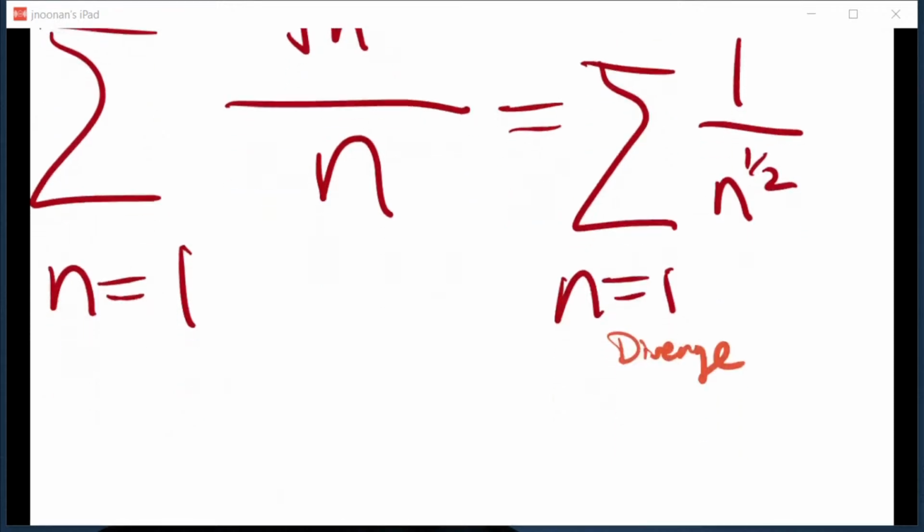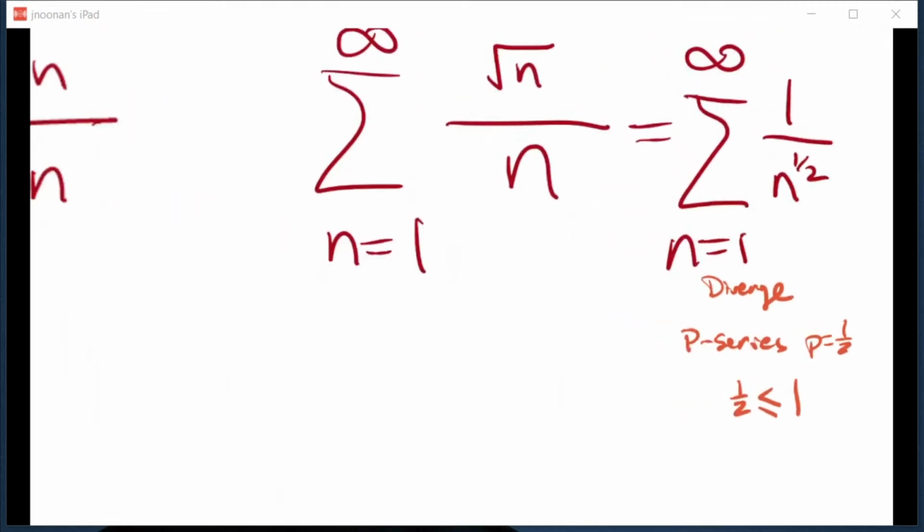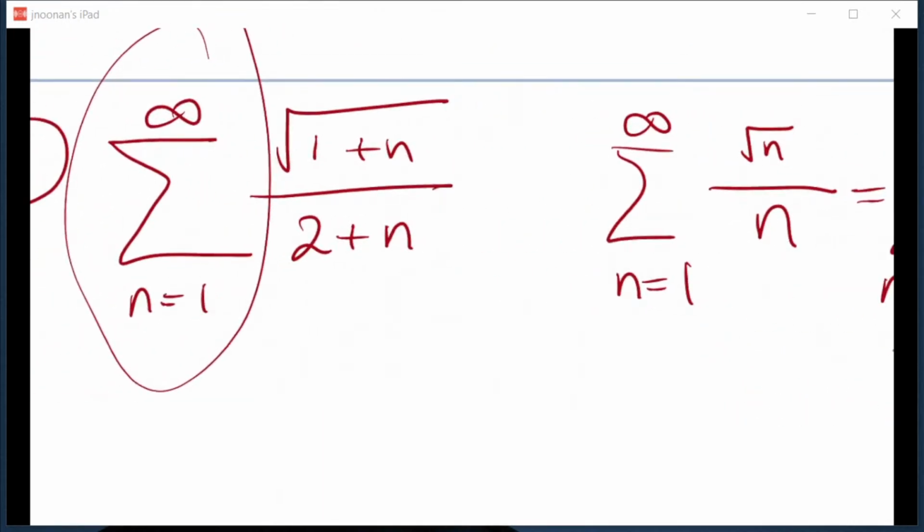And it's because it is a P series where P is 1/2, and 1/2 is less than or equal to 1. So a P series converges if P is bigger than 1 and diverges otherwise. So this one diverges. Now if we can link these two, then the other one will also diverge.